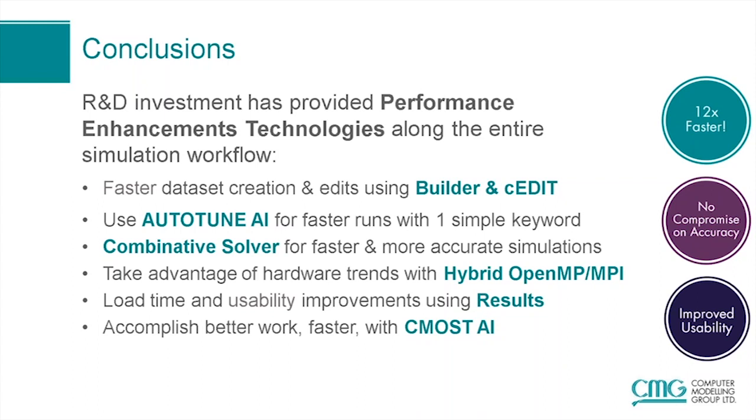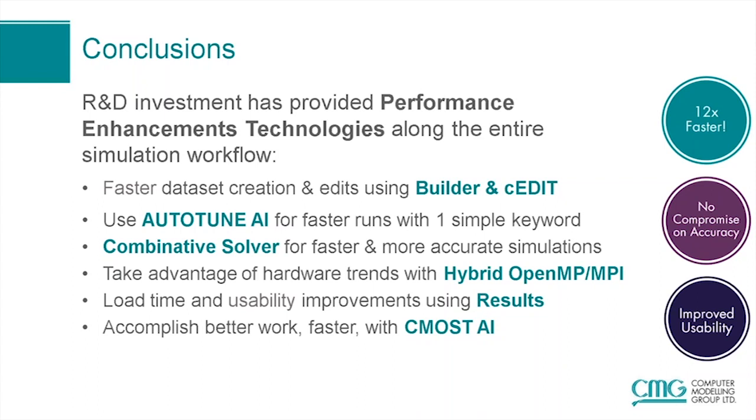The next question is from Arthur: speed up is always good, but could you comment on the influence of Autotune and the combinative solver on the results of the simulator? Should we expect the results to change at all? If yes, how much do the results change generally? The one thing that I would like to highlight is CMG doesn't like to compromise on results or accuracy for speed.